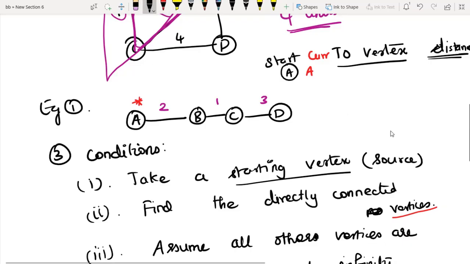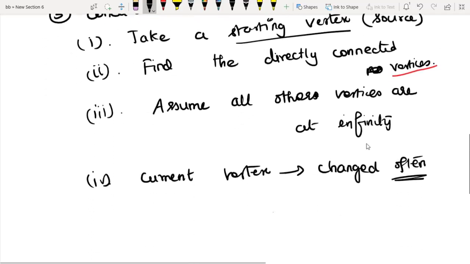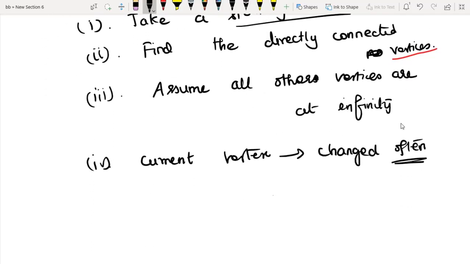So what I'll do here is write the two vertex to be B and make the distance 2, because that is the distance between A and B. Only B is directly connected, and the distance between A and B is 2. So I am writing 2 here in the tabular column. Now assume all the other vertices are at infinity.